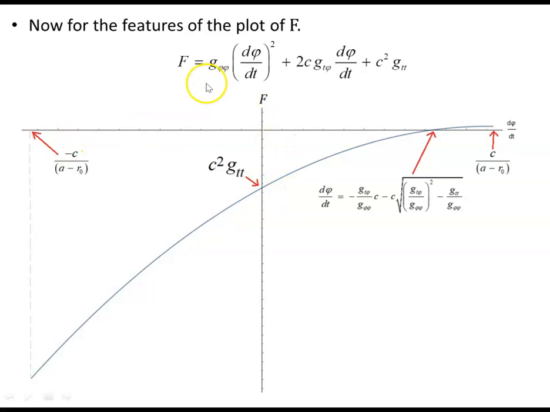I've plotted this such that dφ/dt against F, and doing that, I've plotted it between a linear speed limit. If you convert that angular speed here to a linear speed, you'll get the speed of light at that point. And the same up here, if you convert the angular speed here to a linear speed, that's what this c on a minus r0 is trying to do, is you're going to get the speed of light here.